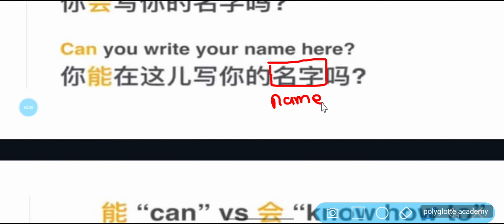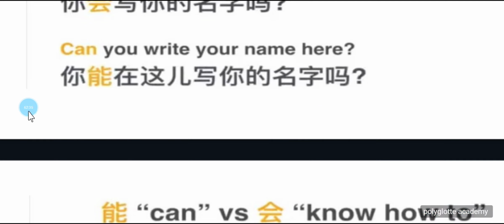The character means name. 很好. And then we have the last character here, which is ma.